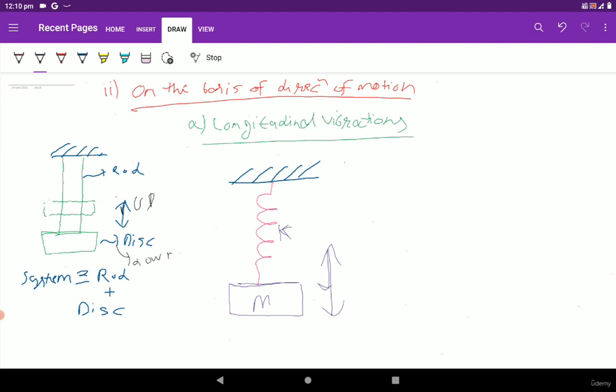Now moving to the second type of vibration classification, that is called transverse vibration. Let me erase this whole thing first.